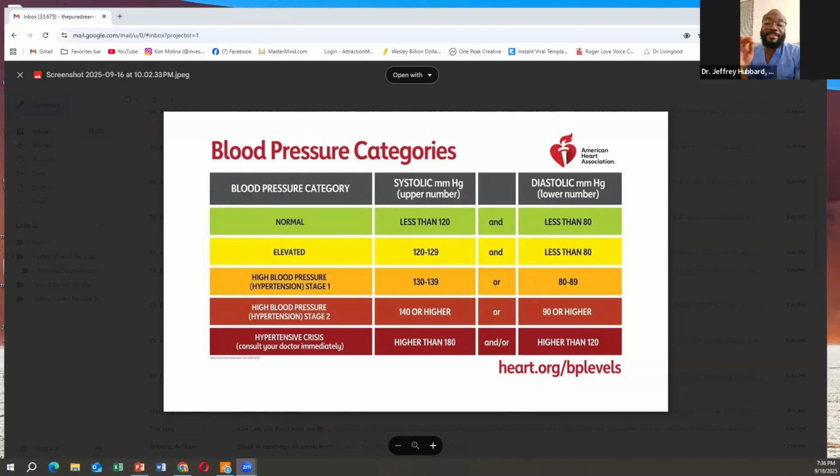So the reality is that most doctors are going to assume that you are not going to do the necessary work in your lifestyle, in your diet, in your exercise, in your stress mitigation, etc., to bring your blood pressure down. They're going to start you on a medicine straight out of the gate.